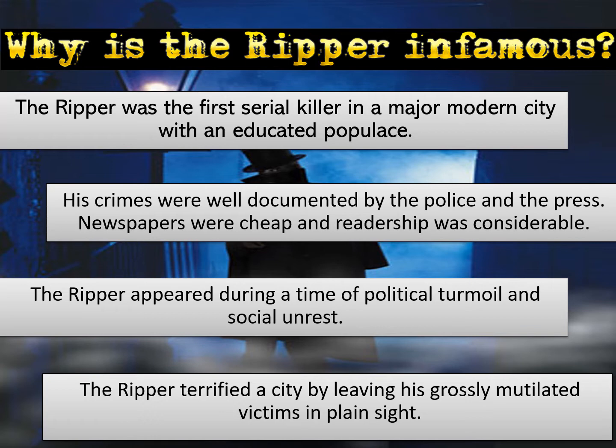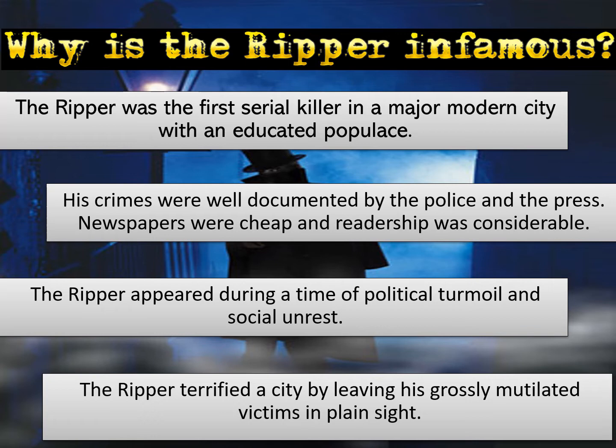Jack the Ripper was one of the very first serial killers in Victorian Britain and in Victorian history who left his victims for the police to find, and did it in a very creepy, gruesome way so that they could know that it was him every time that he did these things, almost like he was showing off.